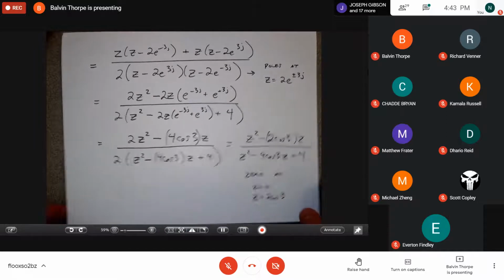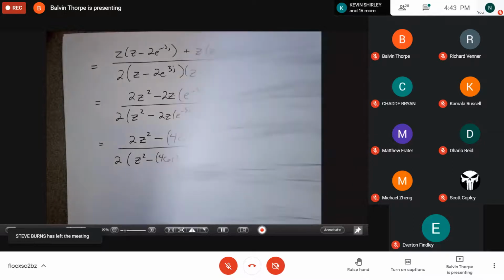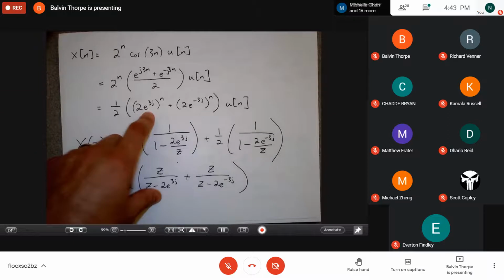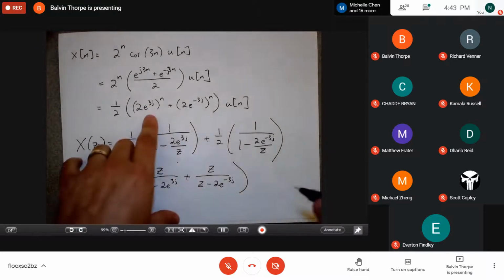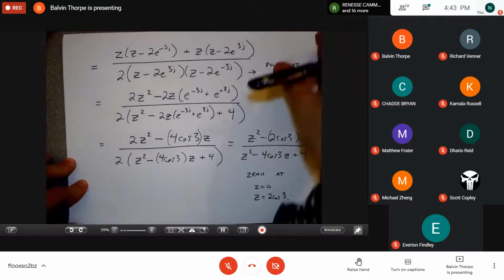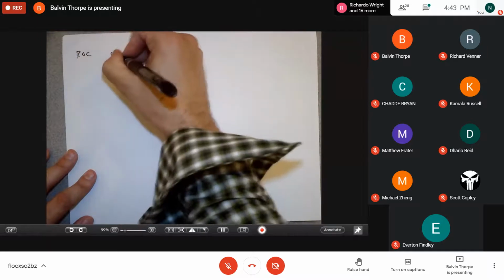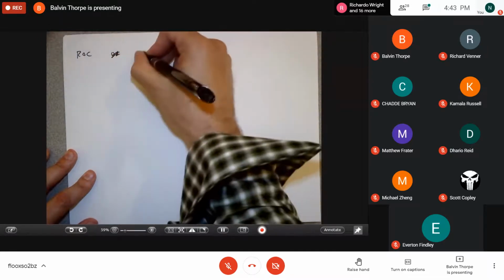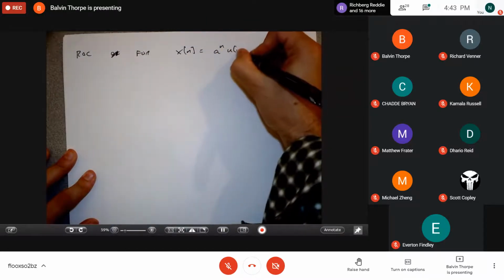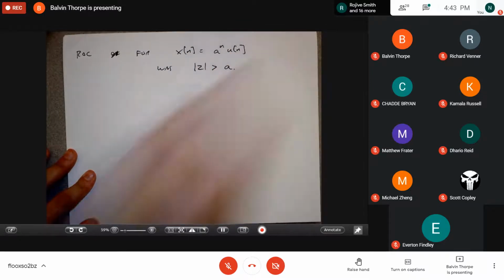Okay, so let's think about what the ROC is for a second. So again, let's go back to this formula here, right? The only time that I can do this is when the magnitude of each of these terms is less than 1, right? So the ROC for this was magnitude of z greater than a, right?